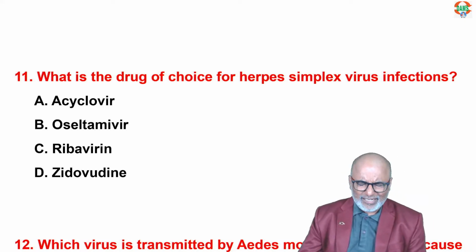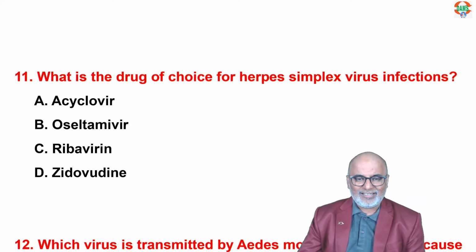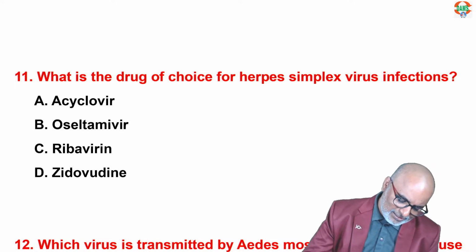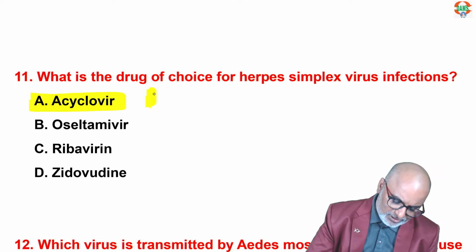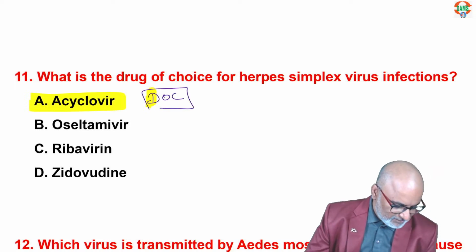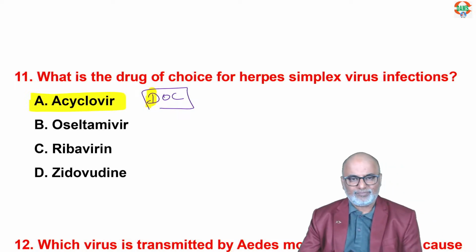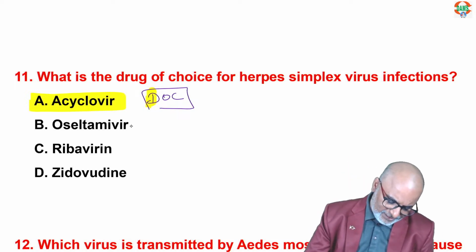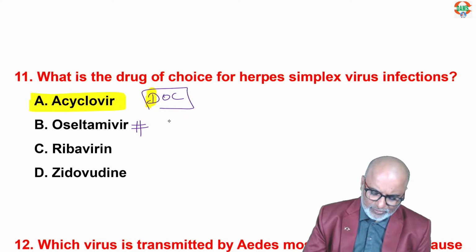Only a few viruses have drugs. The herpes virus drug is acyclovir. Acyclovir is the drug of choice for herpes. Excellent, Manoj. Oseltamivir is the drug of choice for influenza.